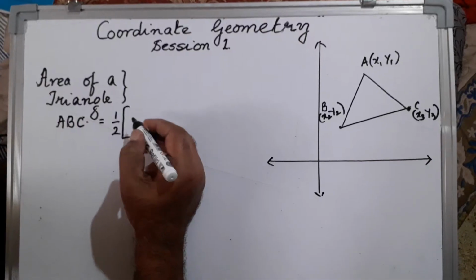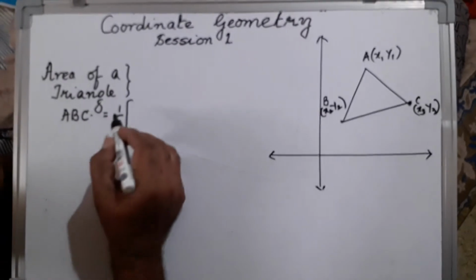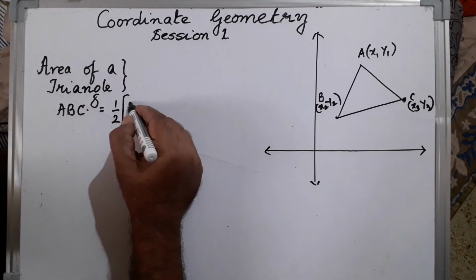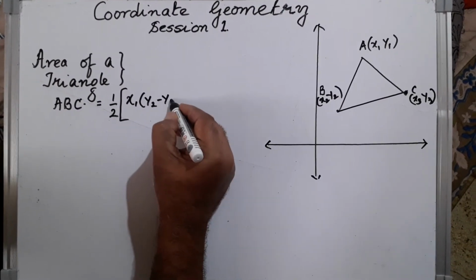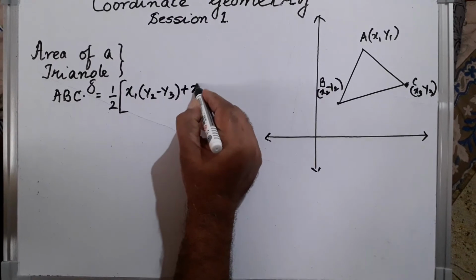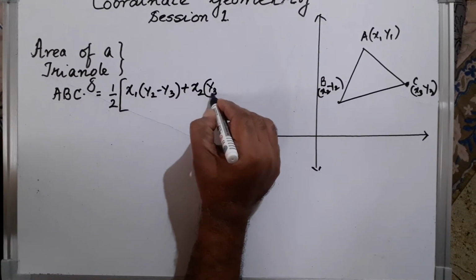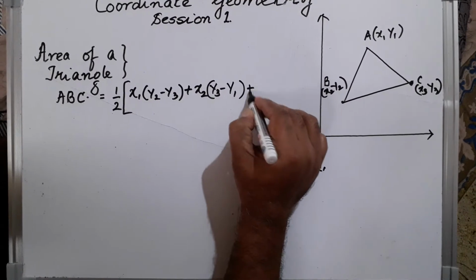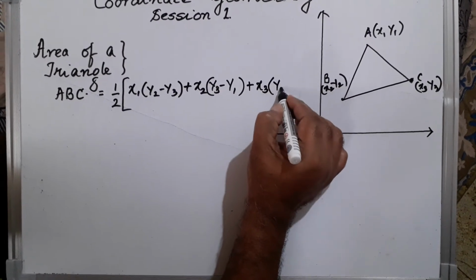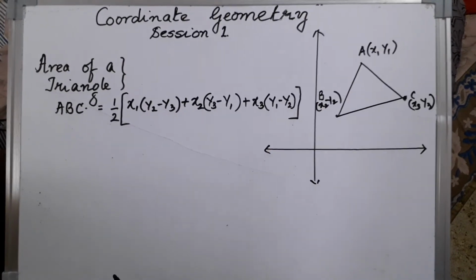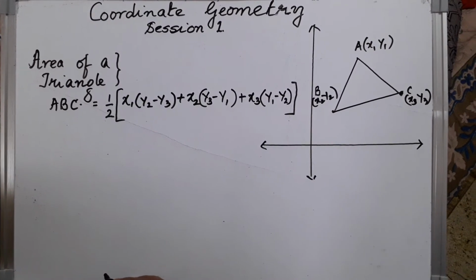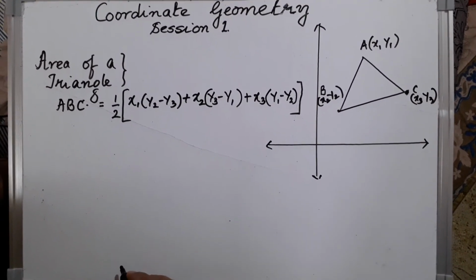The area of the triangle when the three vertices are given is given by the formula: area of triangle ABC is half into [x1 (y2 minus y3) plus x2 (y3 minus y1) plus x3 (y1 minus y2)]. This is the formula used to find the area of the triangle when the three vertices are given.